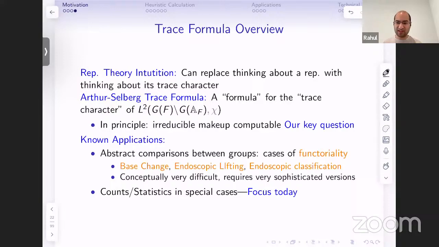You try to count how many there are, or maybe you try to understand average statistics of these modular forms. Like maybe there's some parameter and you want to know the distribution of this parameter over modular forms satisfying some property. So this application is a little bit more conceptually simple, and I think it gives a good sense of what the trace formula is and how you can use it. So this is what we're going to focus on today.